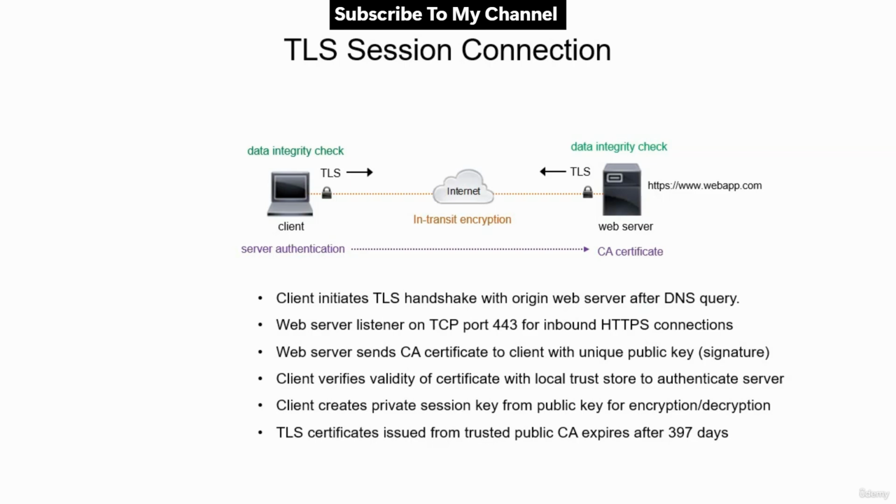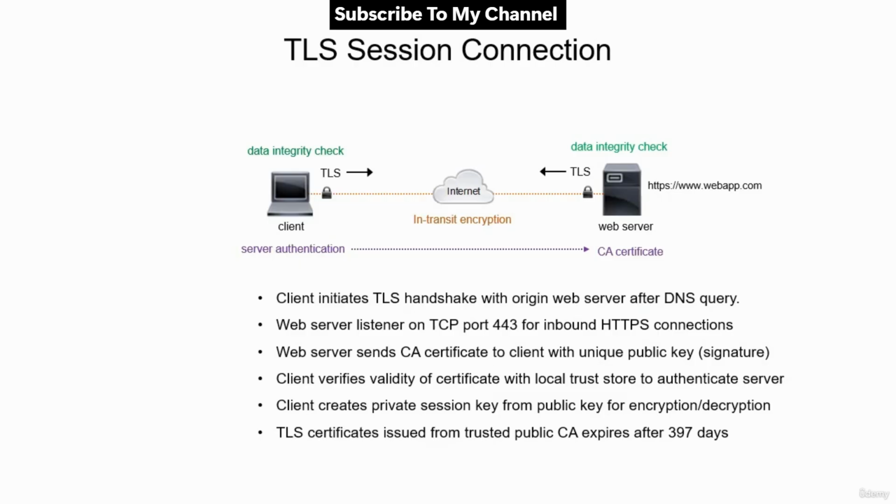The web server listener on TCP 443 is listening for inbound connections from the client. The web server then will send a CA certificate to the client with a unique public key that's signed. That's really just to do the authentication piece of this process.